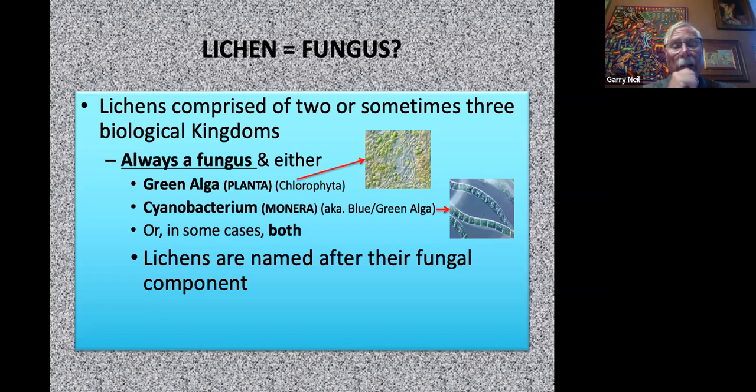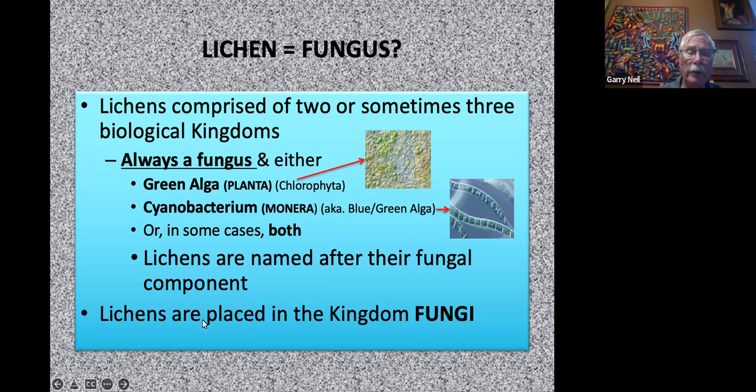Okay, lichens, when you name them, have been named after their fungal component. As for the algae that you find in lichens, there are not that many different genera found in lichens. There are a few, but not as many as the variety of fungi that associate themselves with either the algae or the blue-green algae.